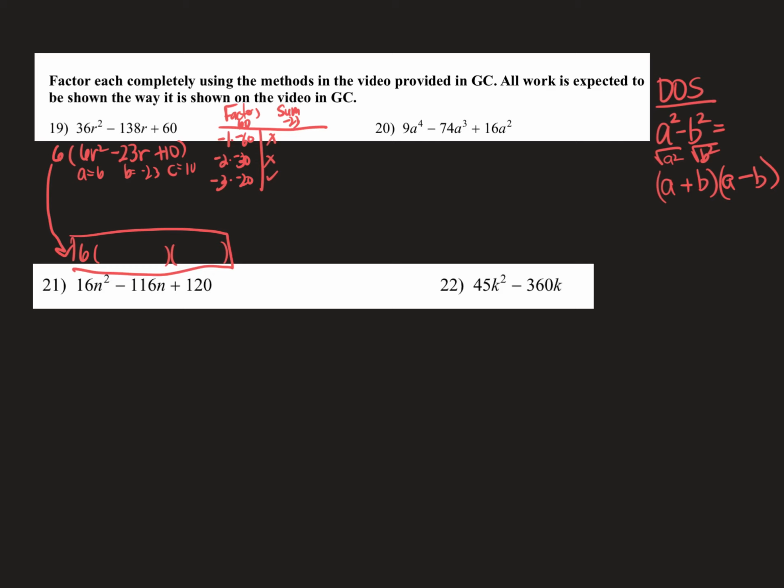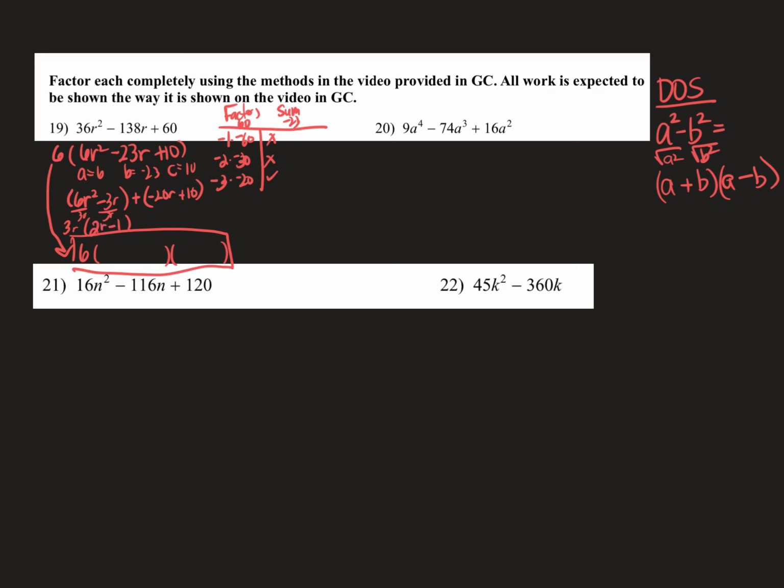So I'm going to go ahead and group, and you're welcome to do that too. So 6r squared minus 3r plus negative 20r plus 10. The first group has 3r in common. Divide by 3r, so that would be 2r minus 1.